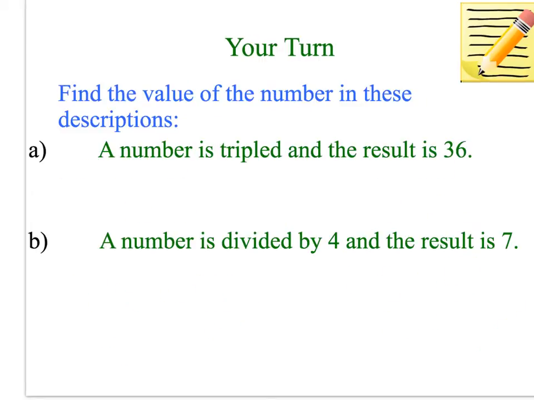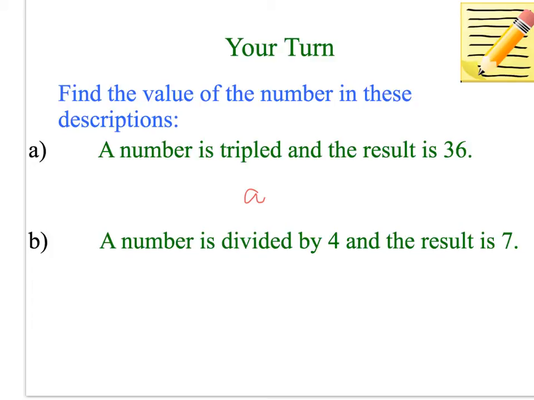Okay, now sometimes you're asked to write a description, and we've been doing a little bit of this. This has now got the equal sign and the answer, so they're equations, not just expressions. A number is tripled and the result is 36. Pause the video, see if you can write down an equation for that. Okay, a number is tripled. So you've got a number, we can make it any number, so let's use any letter, A. We don't know what the number is, but A represents it.